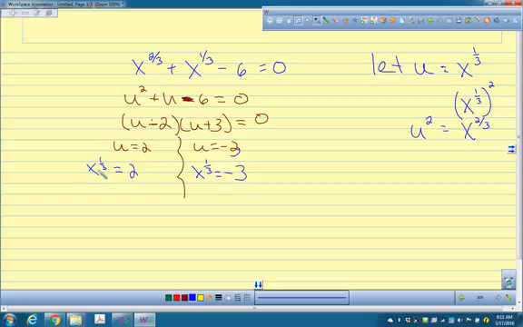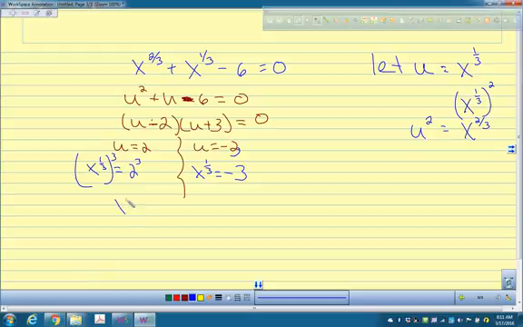How do I find x if I know x to the 1/3? Raise it to the what power? Third power. So I have to raise this to the 3rd power as well. So x equals what? What's 2 to the 3rd power? 8. Okay? Here I have to take this, raise it to the 3rd power, and then I raise this to the 3rd power. So you get x equals negative 3 times negative 3 times negative 3. What's that? Negative 27. Okay?